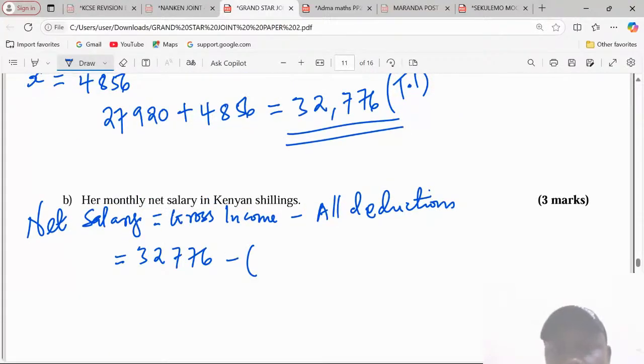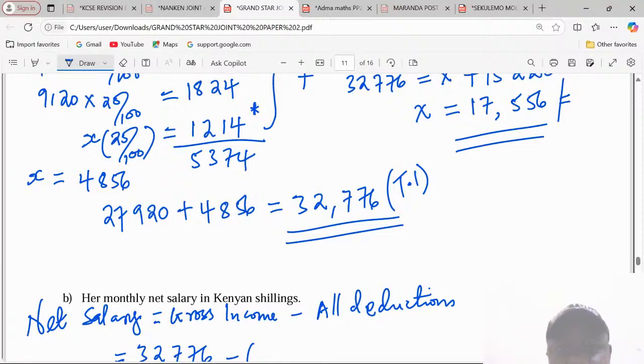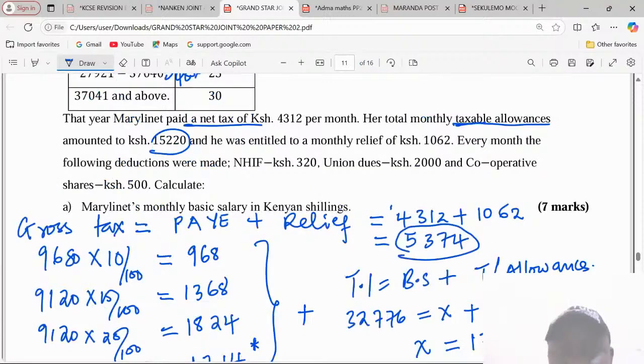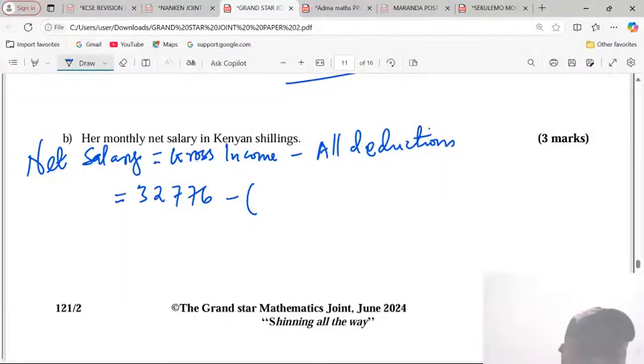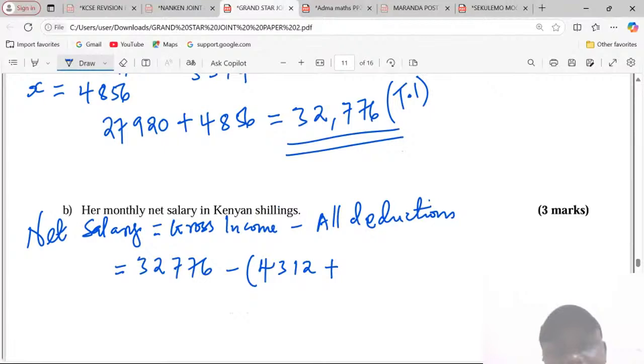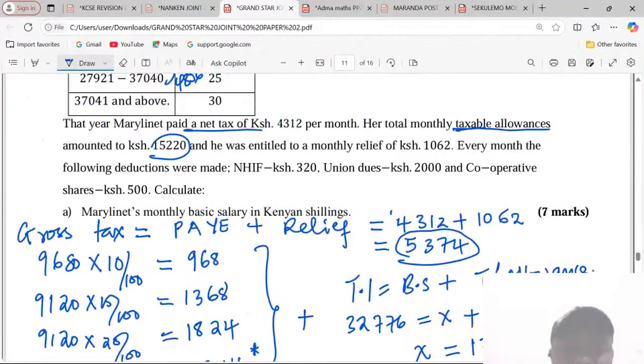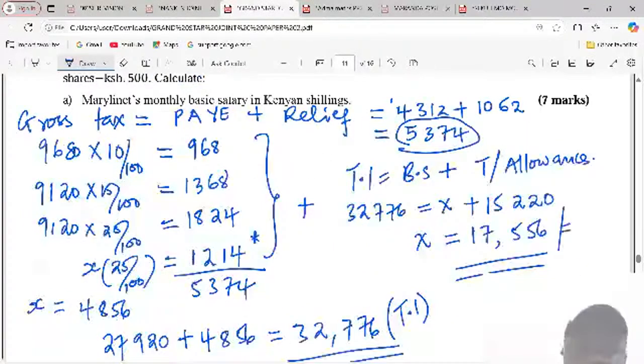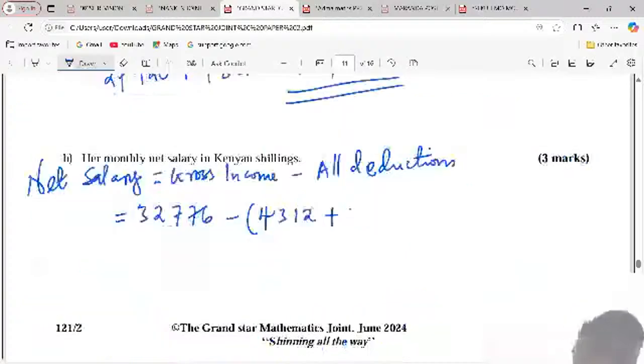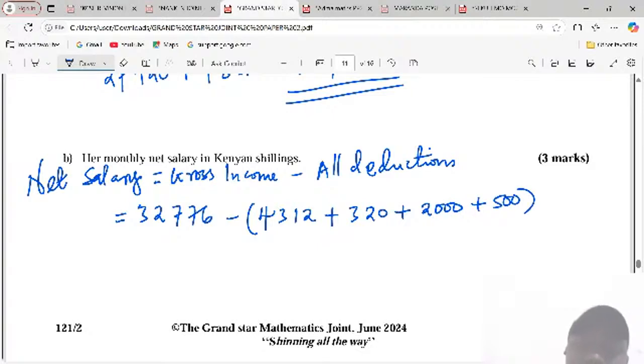We subtract all deductions. First deduction is the tax, plus other deductions from Marylinet's salary every month: 500, 320, 2,500.